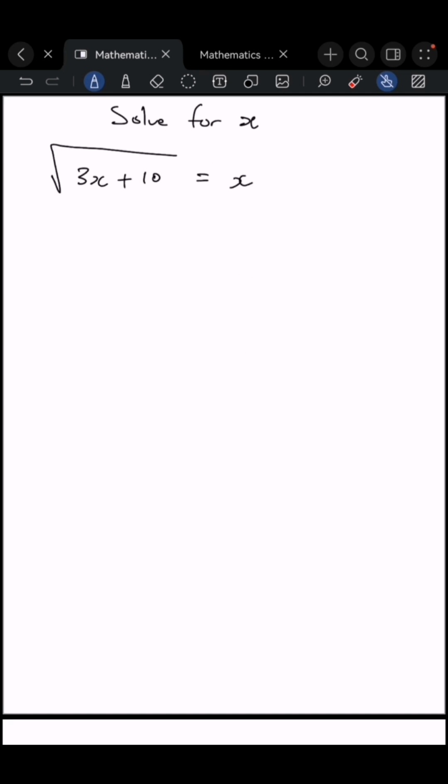Okay, here we go. We have solve for x, and the equation is square root of 3x plus 10 is equal to x. So we square both sides.